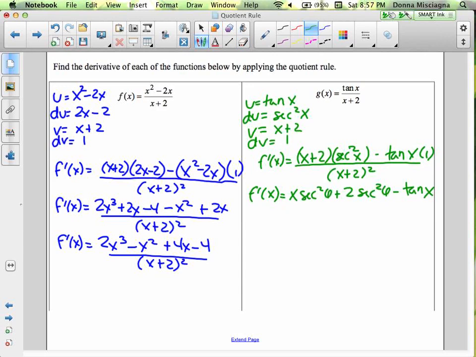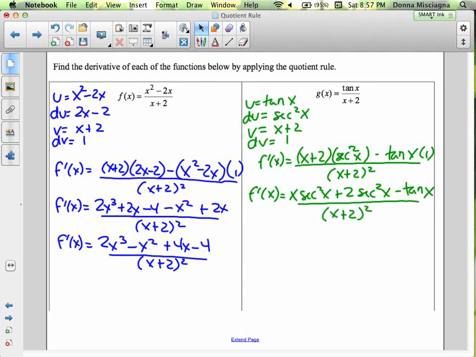There we go. Got carried away. Usually you see theta, not x. All right, so x times secant squared x plus 2 secant squared x minus the tangent x, all divided by x plus 2 squared. And there's nothing else we can simplify. Right? There's nothing we can pull out, nothing we can reduce, so that's it. Those are not like terms.